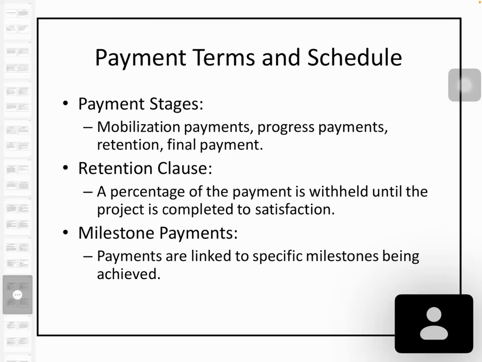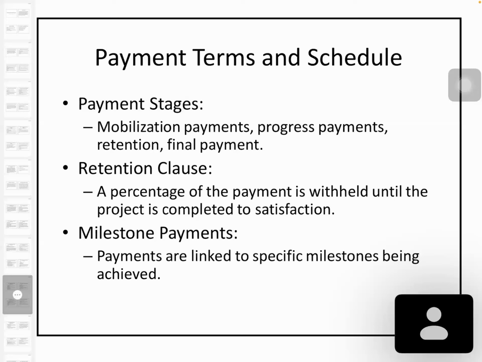There are payment terms and schedule of payment. Normally we pay the advance, we call it mobilization advance, then progress payment, retention, and the final payment. In the retention clause, normally the client keeps a retention percentage of the payment until the project is completed to satisfaction.